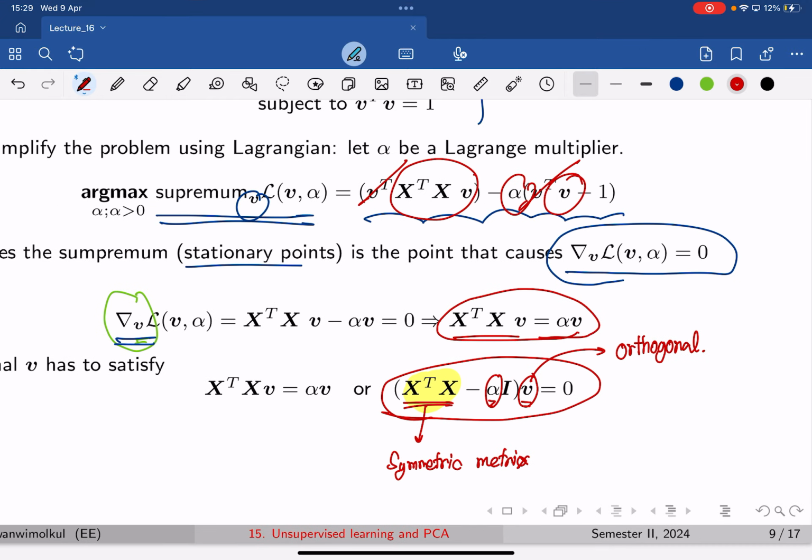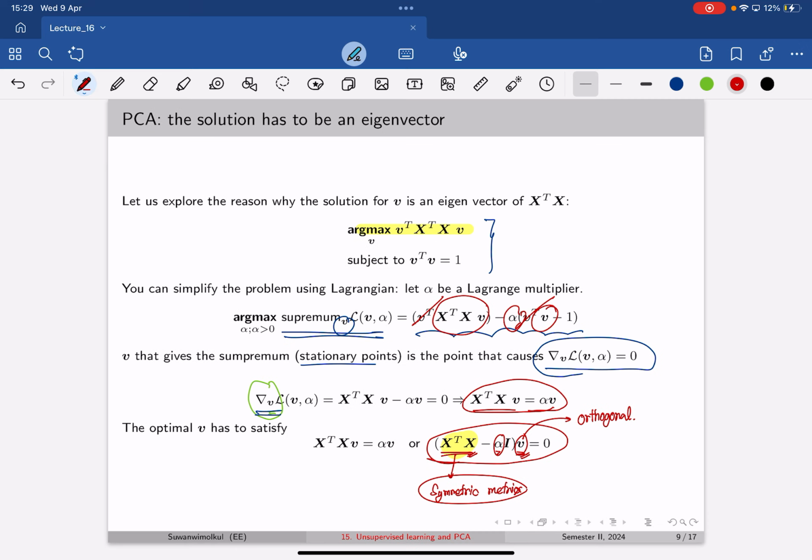That means any eigenvectors in the set of eigenvectors of this symmetric matrix will be orthogonal to one another, if you remember that property. So that is the relationship.